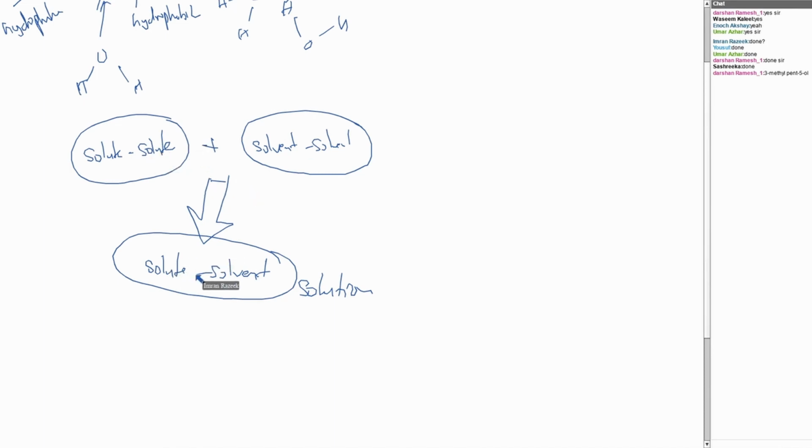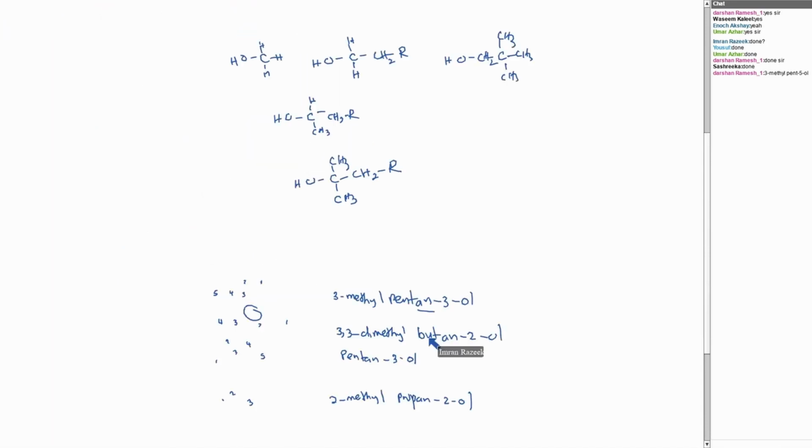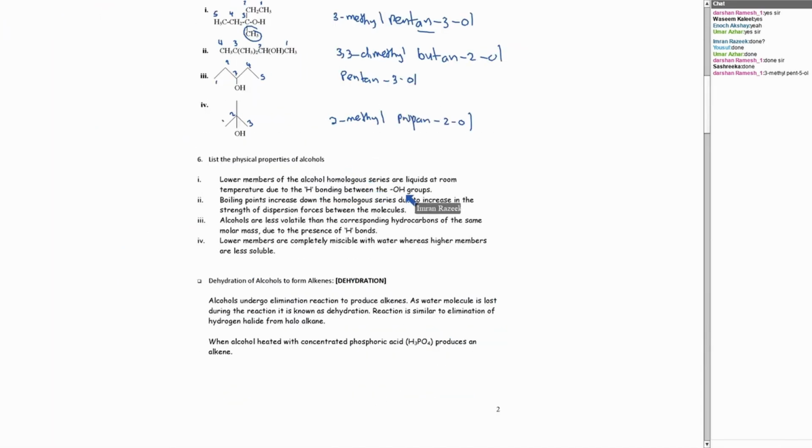This is the point where we say the solute has dissolved. If this doesn't happen, it is not soluble. That means if the solute forces are strong and the solvent forces are strong, compared with the solute-solvent forces, the solute will stay as solute and the solvent will stay as solvent. It will not dissolve. Right? So that's what happens as you go down the homologous series. Solute-solute attractive force will be much stronger. Therefore, such alcohols will not dissolve in water.